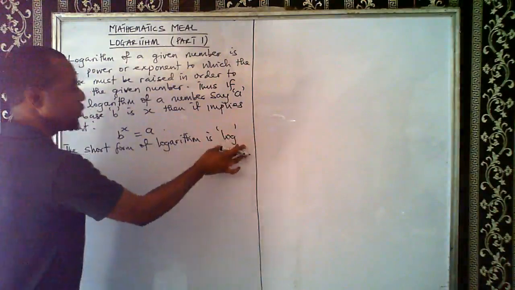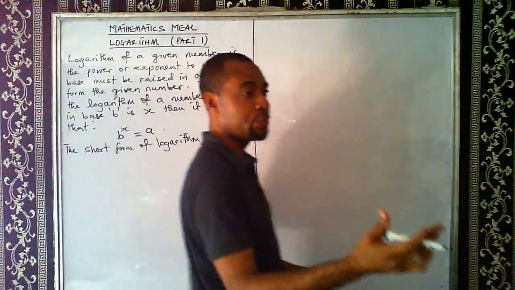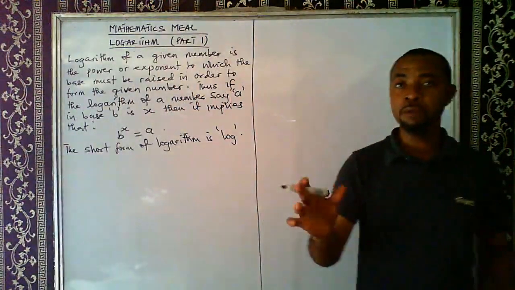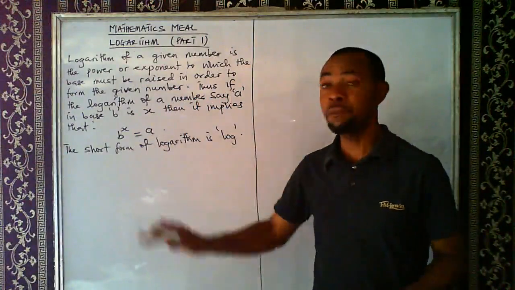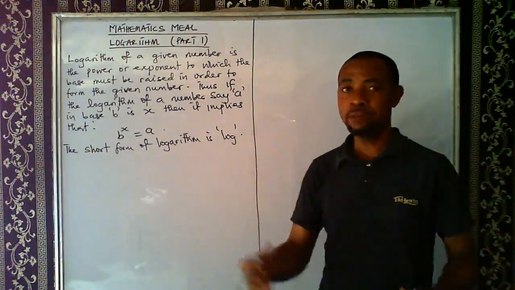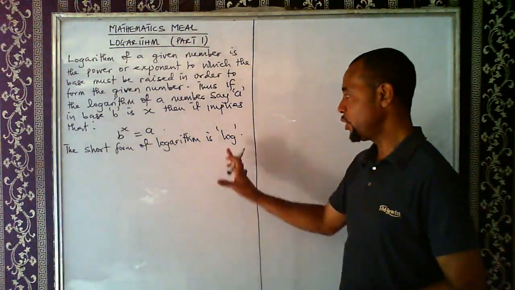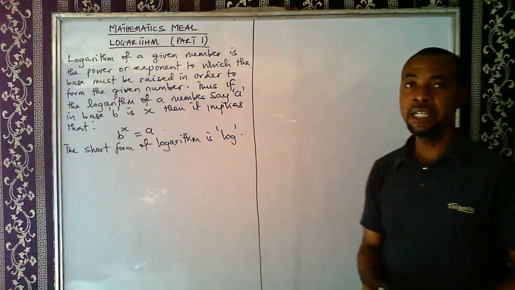That's the short form that we'll be using. So anytime you see log, not the log of wood anyway, this is the short form of logarithm. We'll be seeing this from time to time as we study the concept of logarithm.